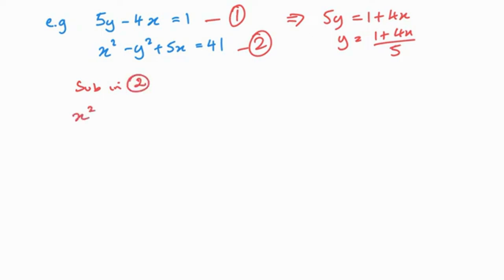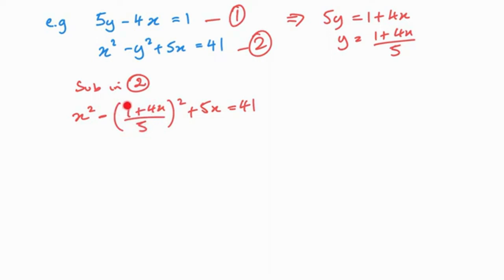And then we have x squared minus (1 plus 4x over 5) squared plus 5x equals 41. Okay, now this doesn't look very nice. There's a couple of ways you can approach it.